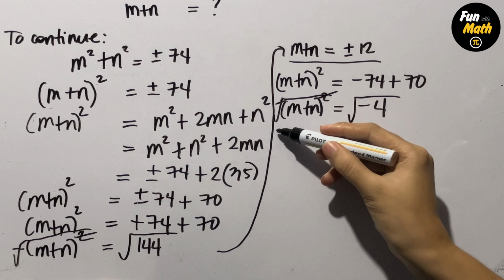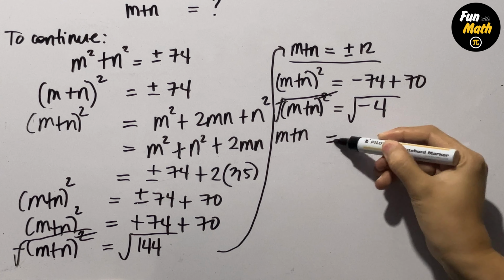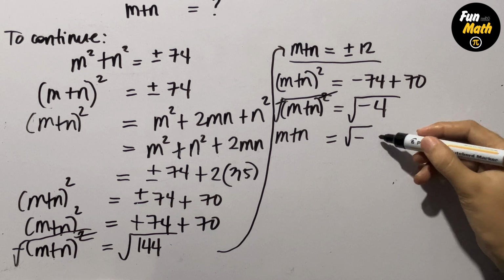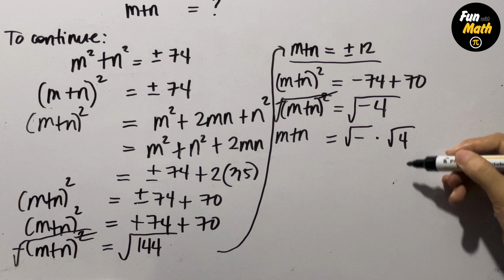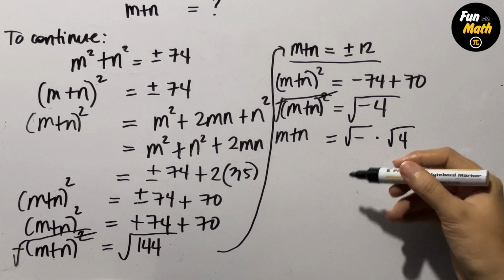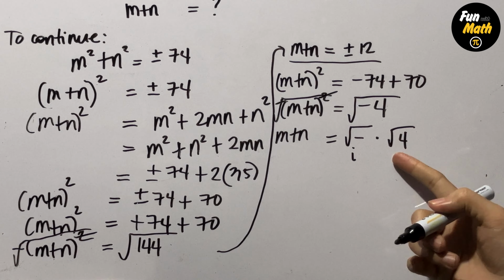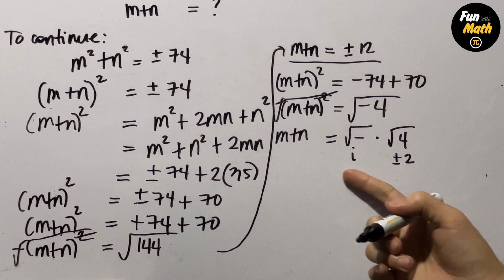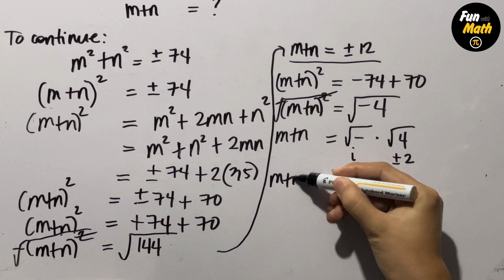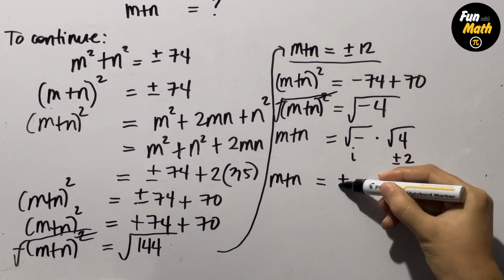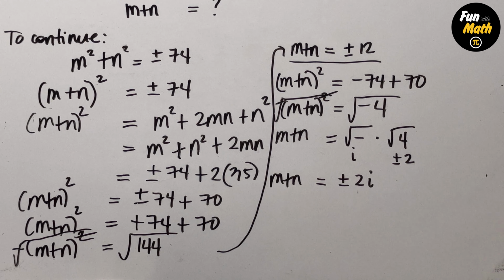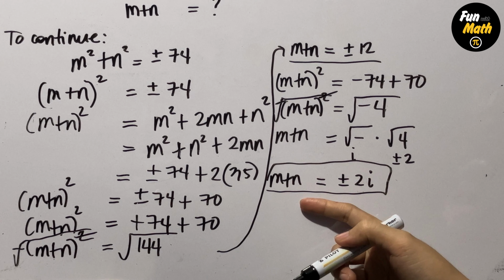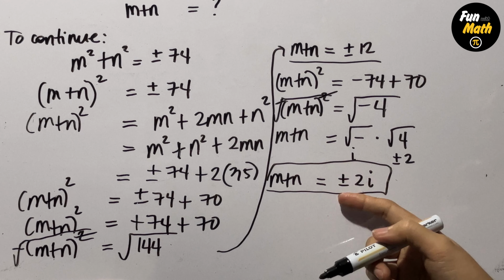So we're left with m plus n is equal to, for this we can separate, square root of negative times the square root of 4. The square root of negative is equivalent to i, and the square root of 4 is equivalent to positive negative 2. So we can multiply this. This is now m plus n is equal to positive negative 2i. And this is our second value of m plus n, which is equal to positive negative 2i.